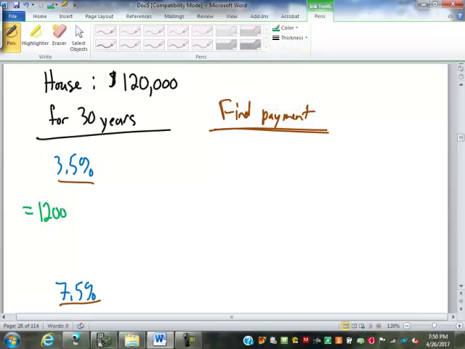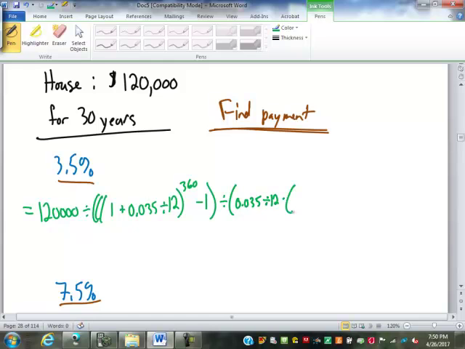So we have 120,000 divided by, open, 1 plus 0.035 divided by 12, close, to the power of 360, 30 years times 12, minus 1, close, divided by, open, 0.035 divided by 12, times, open, 1 plus 0.035 divided by 12, close, to the power of 360, close and close.